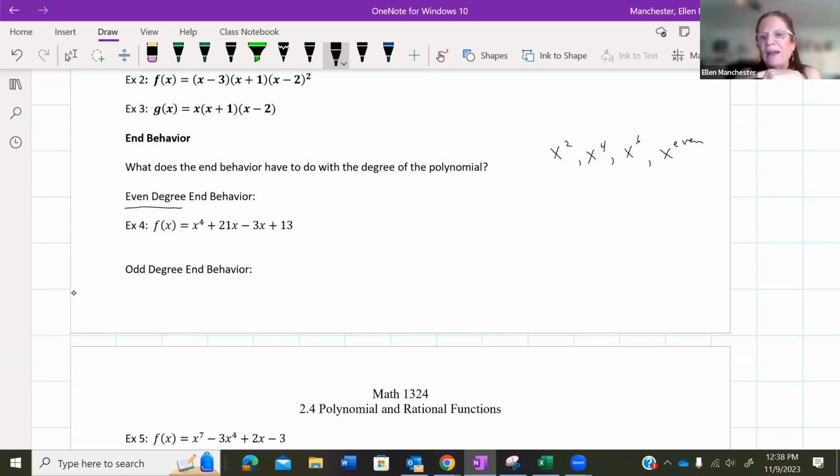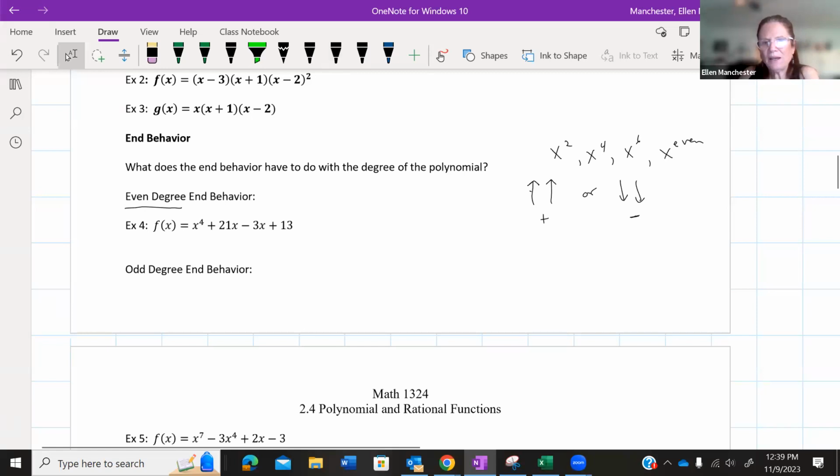So if I have an even degree polynomial, your end behavior goes up or down. The difference is if they're both up, it's a positive first term. If it's down, it's a negative first term.